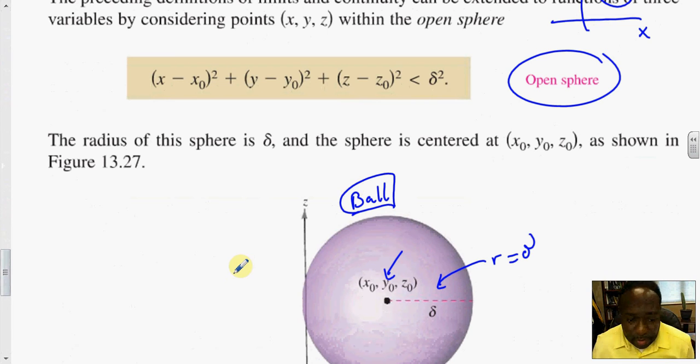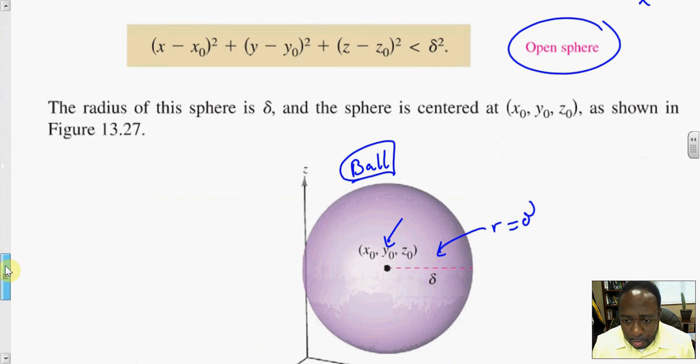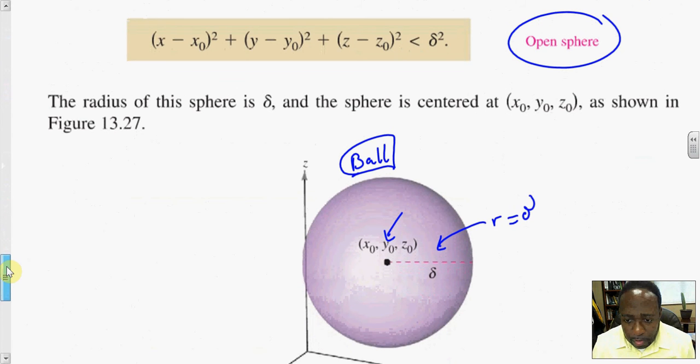And in real analysis, there's much that goes on with trying to prove that functions have a limit that exists, by trying to find either, in the 2-space, a disk, or some delta disk, or here some ball or sphere.